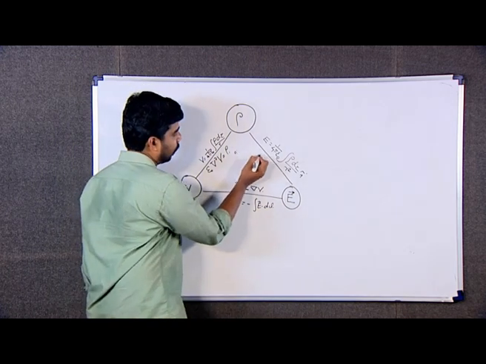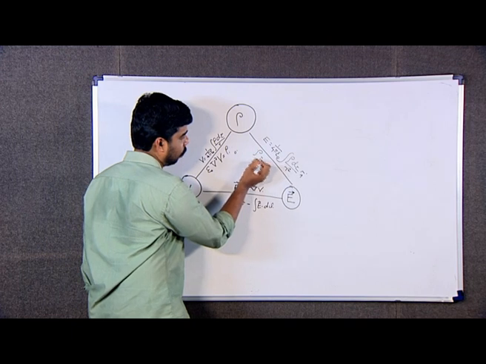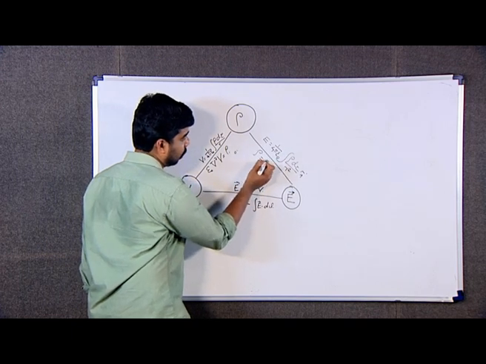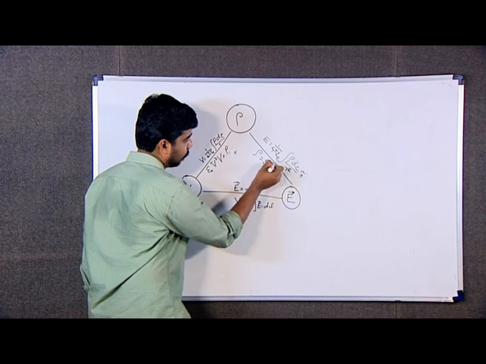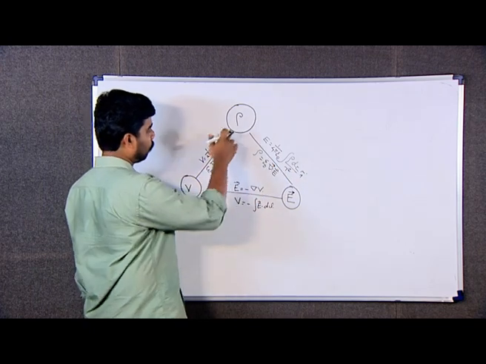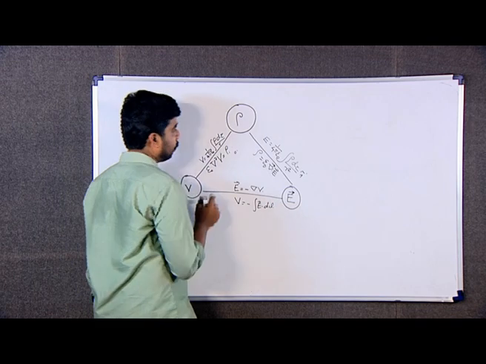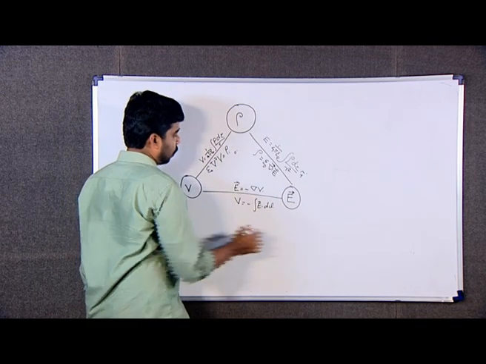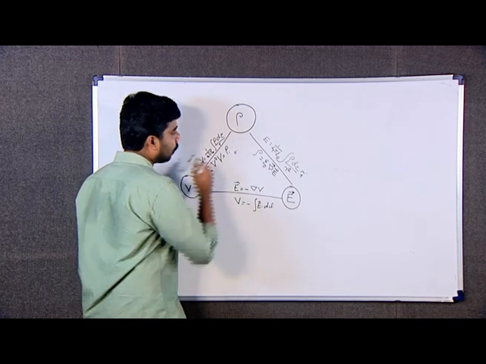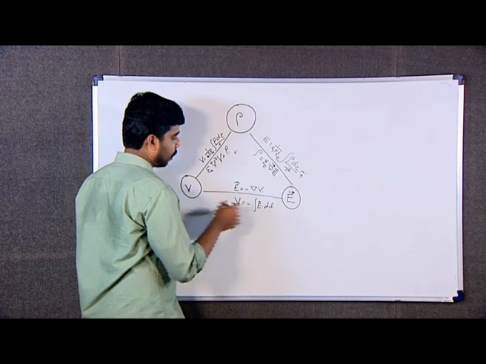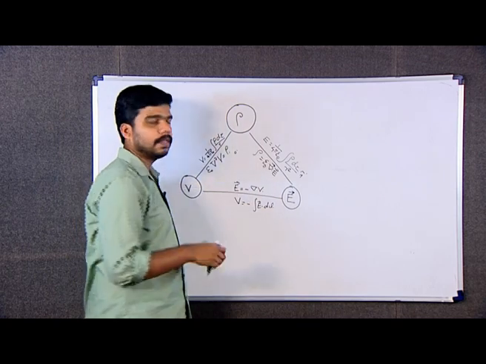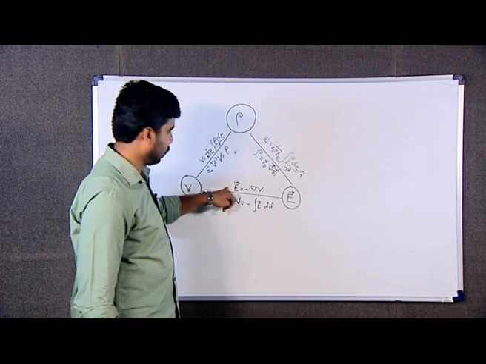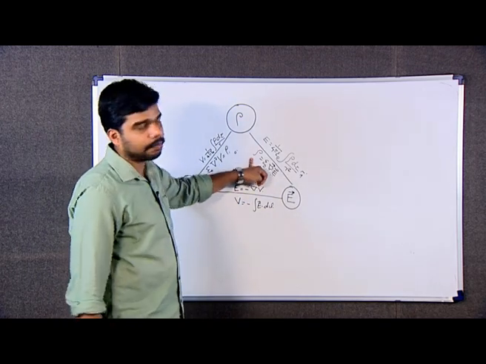And here also you can write Gauss's law. You can find rho if you know the electric field: rho is equal to epsilon 0 into del dot E. This is the connection between rho, V and E. Using this diagrammatic relation, if you know V, you can easily find E, and if you get E, you can find rho.